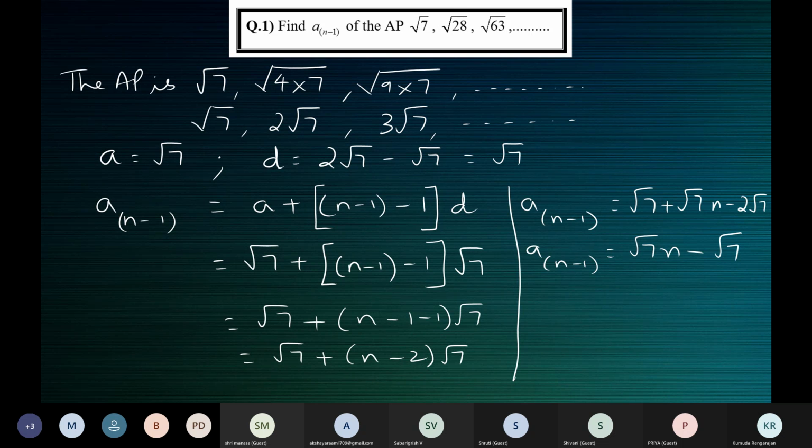Find a, meaning write out what is a, the value of d, and the formula for an minus 1. Substitute. You cannot write anything for n because you have to find the n minus 1th term, so n is n only. So the final answer you get will be in n.